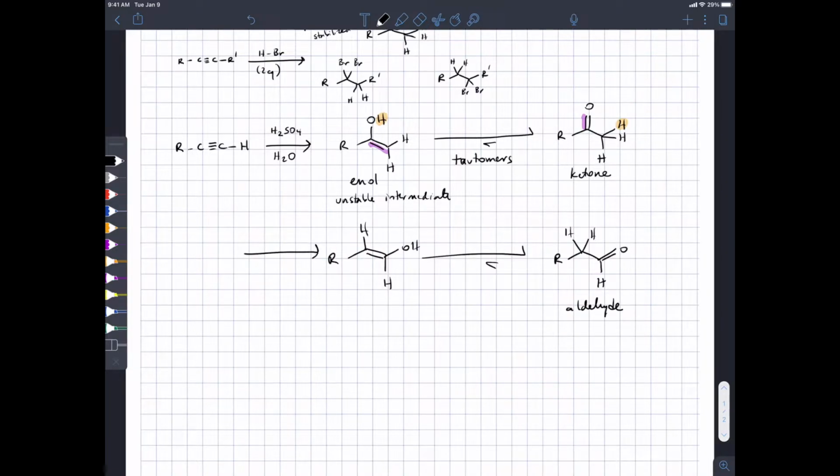Do we know of a reaction that will put an OH on the less substituted carbon of a pi bond? Sure, that's a chapter 10 reaction. This is hydroboration oxidation.